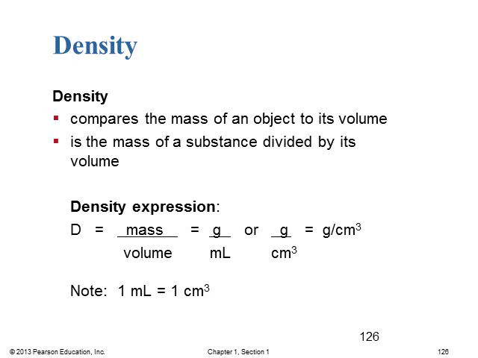Density is by definition the mass of a substance divided by its volume, so density is equal to mass over volume. Many times we use the units of grams per milliliter. Sometimes we use grams per cubic centimeter. Those are the most common ones, but not the only ones.